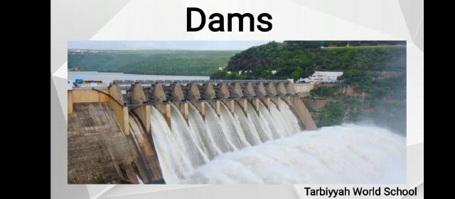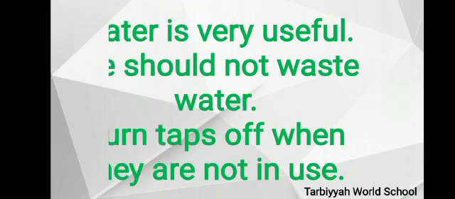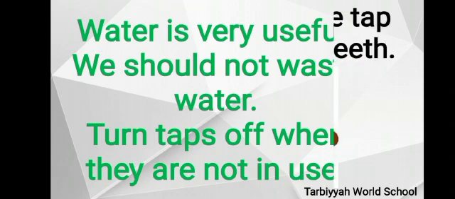Now let's learn about saving water. Water is very useful. We should not waste water. Turn taps off when they are not in use. Here are some ways in which we can save water.